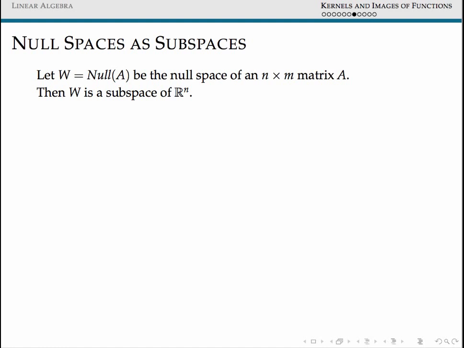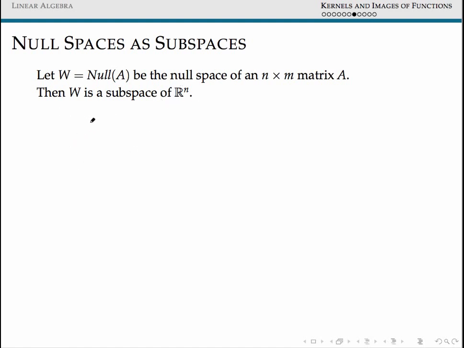Another reason that we care about null spaces is that a null space is a subspace of our overall vector space. We can see this by showing that it satisfies the properties of a subspace, namely closure under multiplication by scalars and closure under addition.